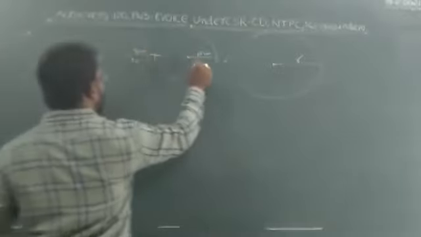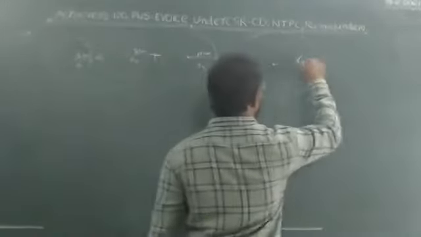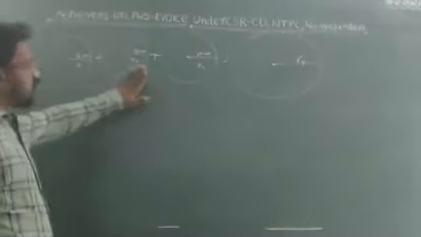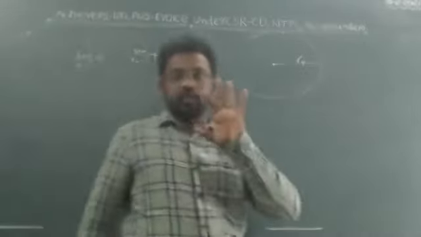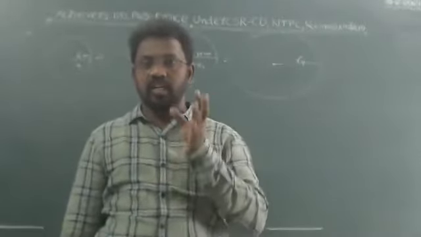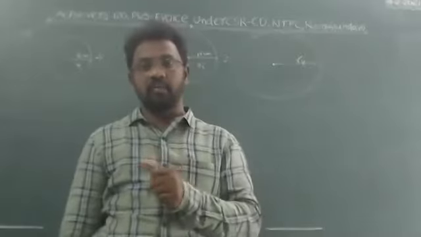Let us take that as R4, because this is R1, this is R2, this is R3, and this is R4. The three spheres here have different radii: 6 centimeters, 8 centimeters, and 10 centimeters.